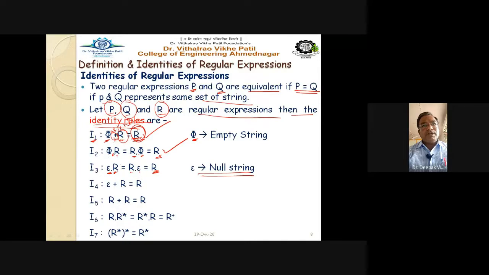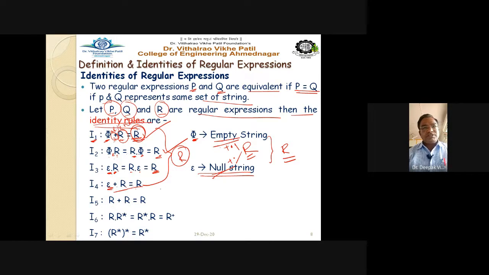Similarly, addition with the null string also gives you R. So from these four identities, it is clear that whether you are adding with the empty string or null string, or multiplying with the empty string or null string, you get the regular expression itself. Getting this point? So phi plus R equals R, phi dot R equals R, epsilon dot R equals R, and epsilon plus R equals R itself.